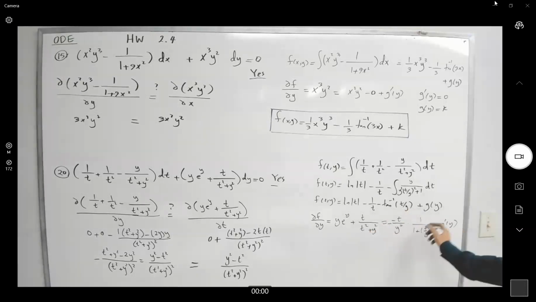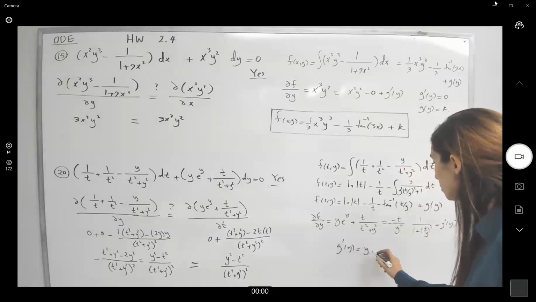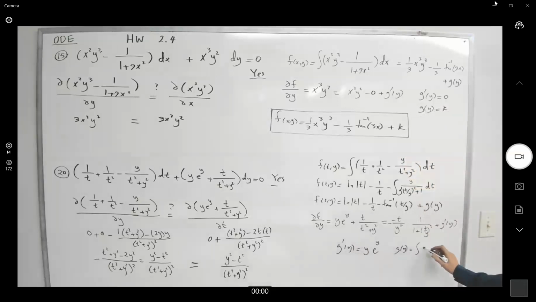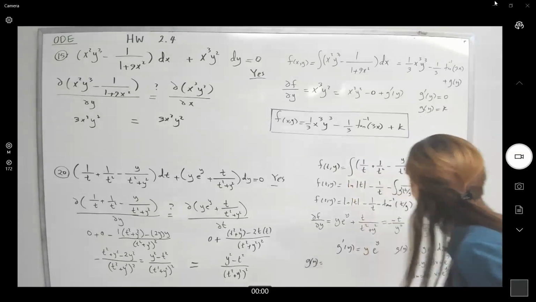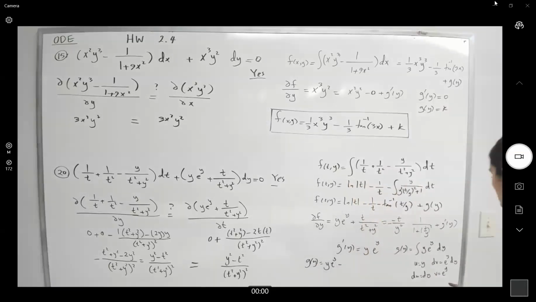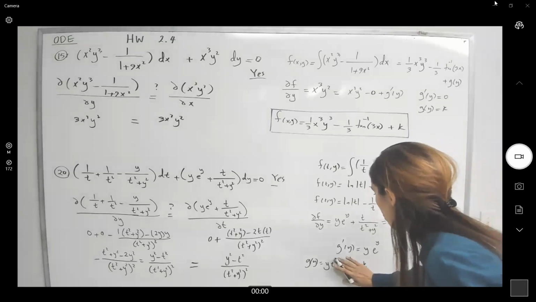That becomes positive, so you can cancel out these two terms. g prime of y becomes y e to the power y. So for g of y, now you have to apply integration by parts. u is y, dv is e to the y dy, du becomes dy, and v is e to the y. So g of y is equal to uv, y e to the y, minus the integral of v du, which is just e to the y, plus a constant for your integration.